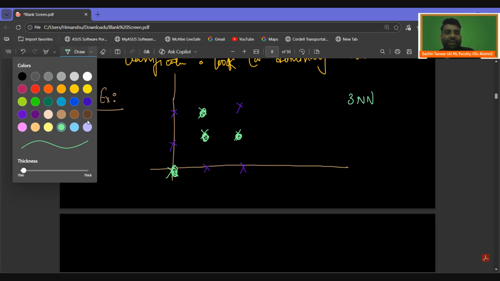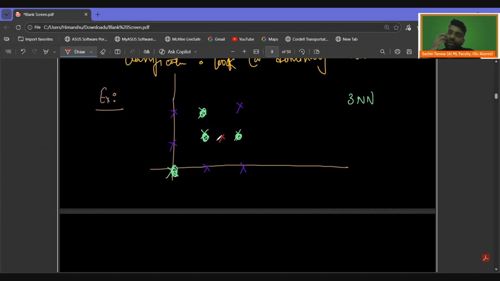So let's suppose it's the three nearest neighbor only I'm talking about, and my test data point is something like this. Let me say this is test data point T, lying in between these two, vertically on the same level as these two, and horizontally exactly in between. So what should be the target class of this one?